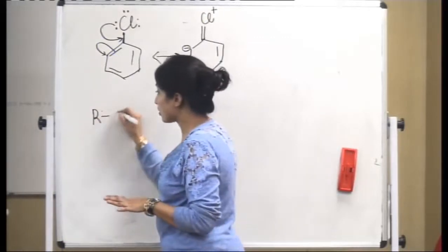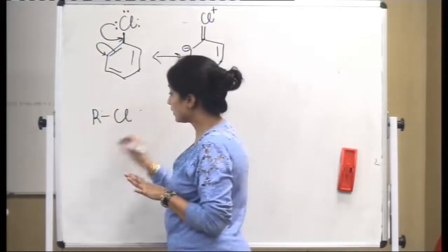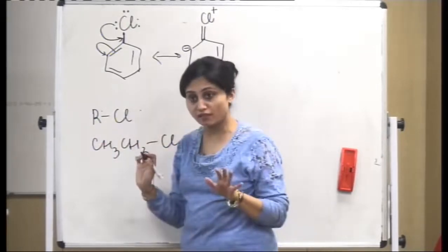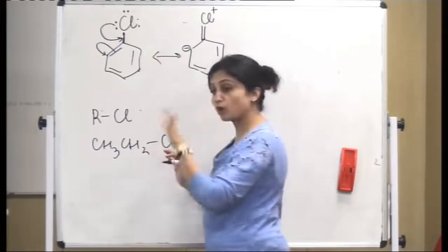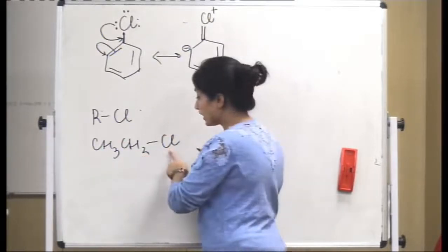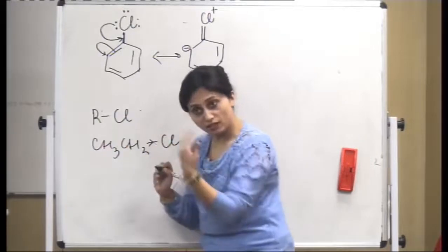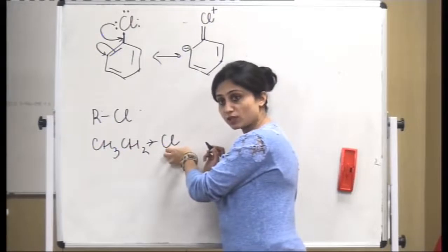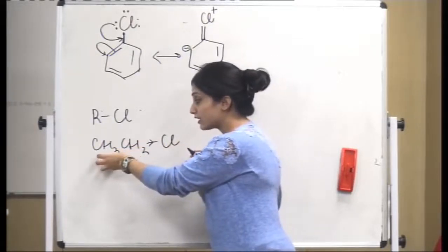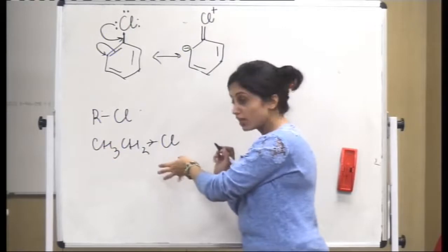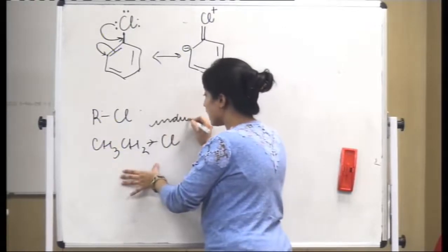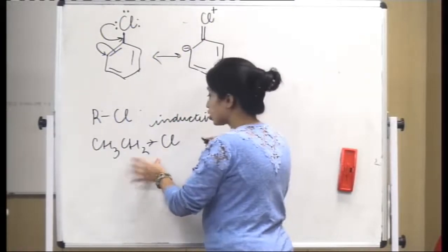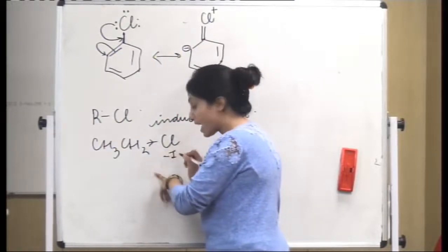Normally when you talk about RCl, here CH3, CH2, Cl, alkyl halides, we have done the reactions and only their main preparations. We haven't talked about the inductive effect at all. Chlorine shows electronegative effect. It will pull the electron density towards itself. This shifting of the electron density towards itself and the tendency of alkyl groups to donate it is referred to as the inductive effect. So chlorine shows minus I. Why minus I?